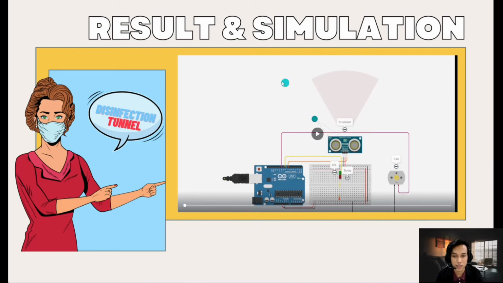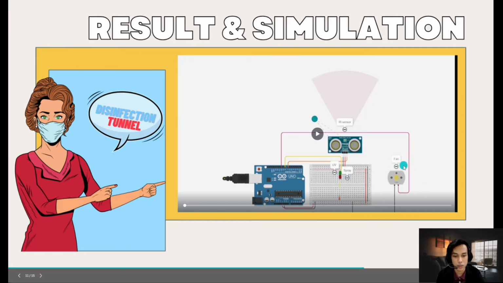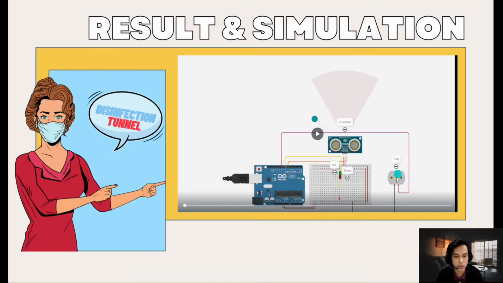For the result and simulation part, first of all, let me explain this. This one represents a fan in our tunnel. The red LED represents the disinfection spray, and the green LED represents the UV light.